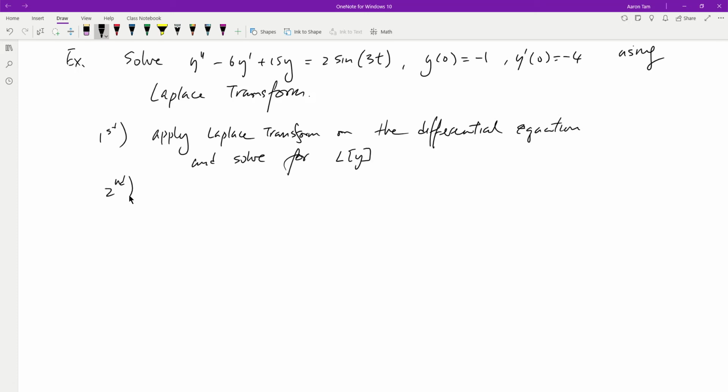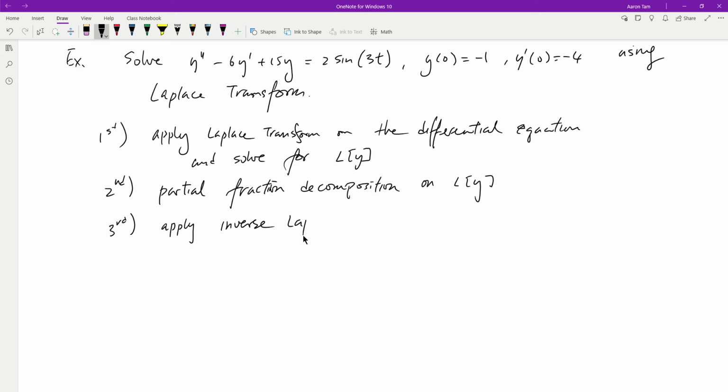The second step would be to use partial fraction decomposition on basically L of y, so that you can break it down into multiple partial fractions. And that's how you figure out what happened. And then number 3 would be to apply inverse Laplace transform to find y.